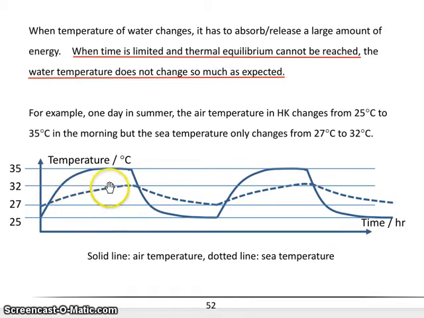Finally, when the temperature of the surroundings is 35, at that time the sea temperature is only 32. The surrounding temperature then begins to drop, and so the sea temperature also begins to drop back to 27. So you can see the change in temperature of the sea is smaller than the change in temperature of the surrounding air.